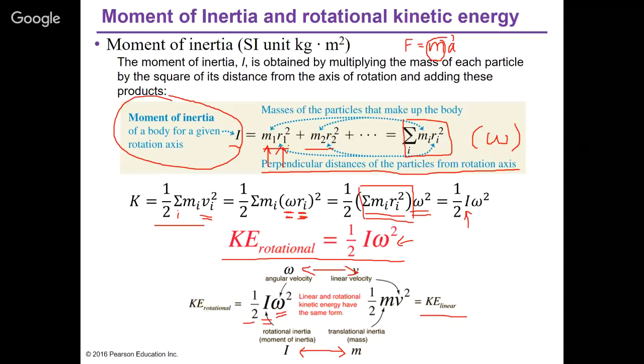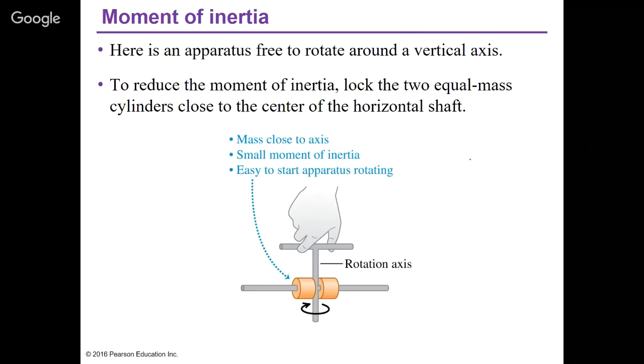And the moment of inertia is defined as a sum over all the products of the mass times the square of the distance of that mass from the axis. That's basically the moment of inertia.